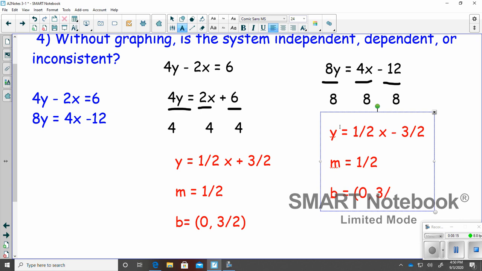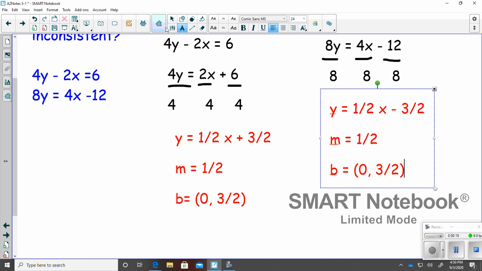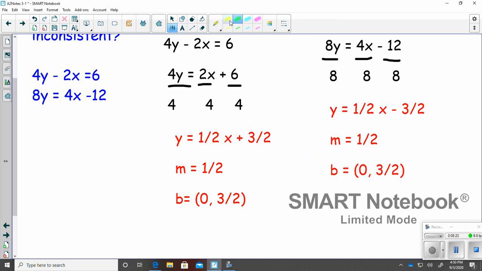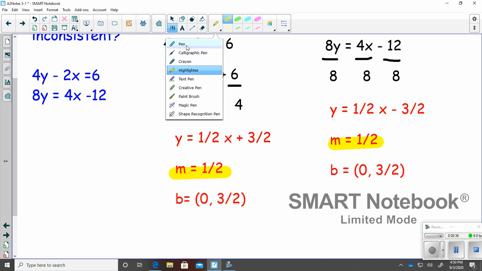Okay, so you can see where this is going. Scroll up so we can see this. So again, just like the last problem, we want to make sure we can make a wise prediction as to what's going to happen. These definitely have the same slope, so that means the system's either parallel, or it's the same line. And then you're going to compare the b's.